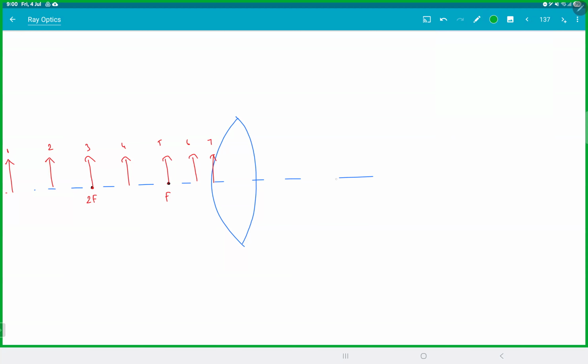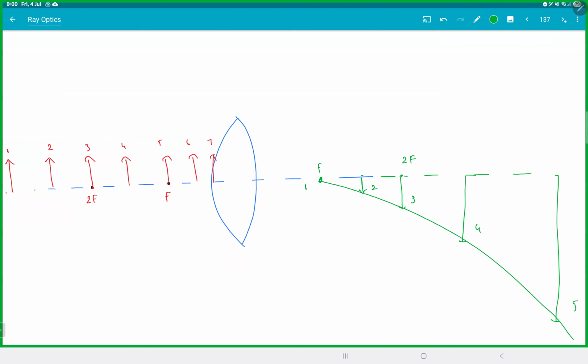On the other side also we'll have f and 2f. Arrow 1 will be here. Arrow 2 will be somewhere here. Arrow 3 will be here. Arrow 4 will be here. Arrow 5 will be at infinity. If you join them, this is how it will look. If you remember, it was the same answer, but the concave mirror one used to come on the left hand side.